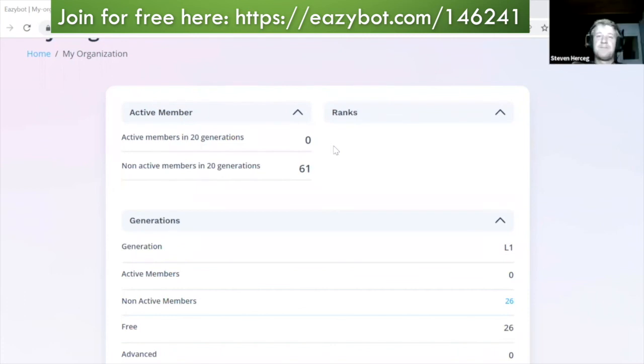So you want to find one vehicle where you can make money on your money. Whether that is Eazybot or not is completely up to you, but it's definitely one option, if I put it that way.